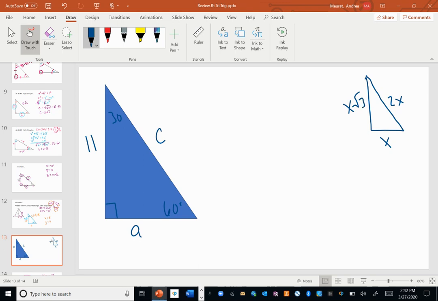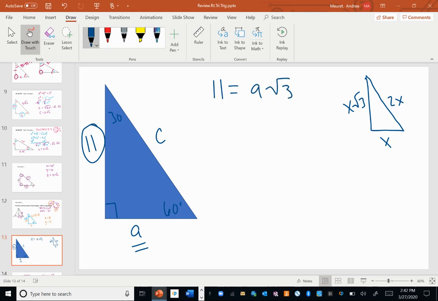So coming back to this diagram, if I know that whatever A is, that this side 11 is equal to that value times the square root of 3, then I can set up an equation that says 11, the long leg, is equal to a root 3.